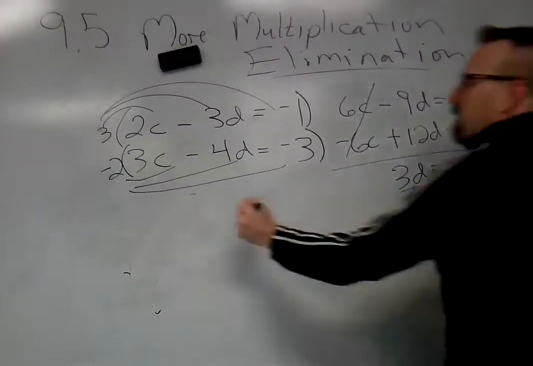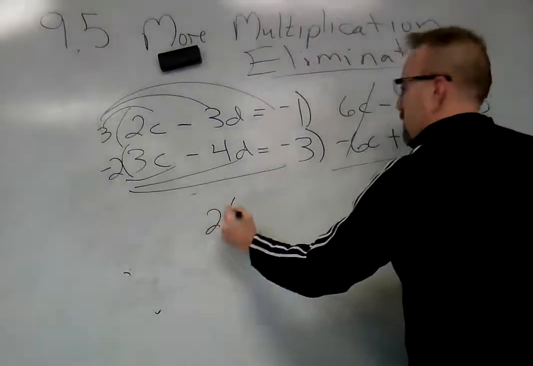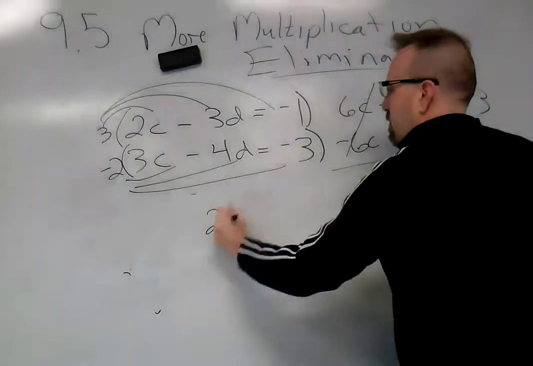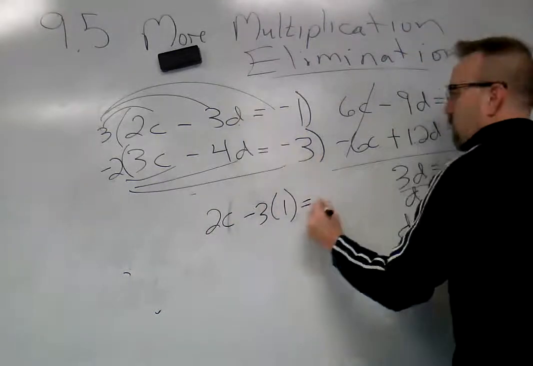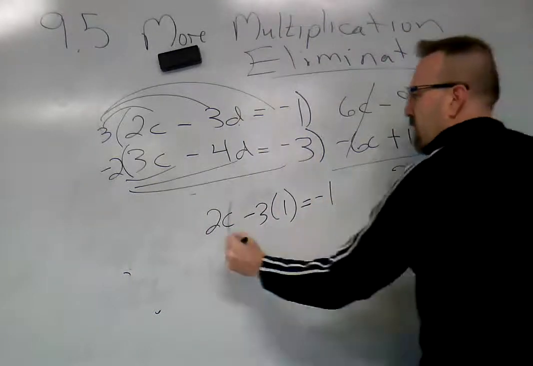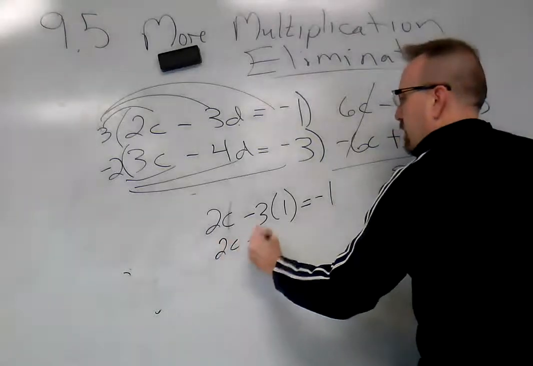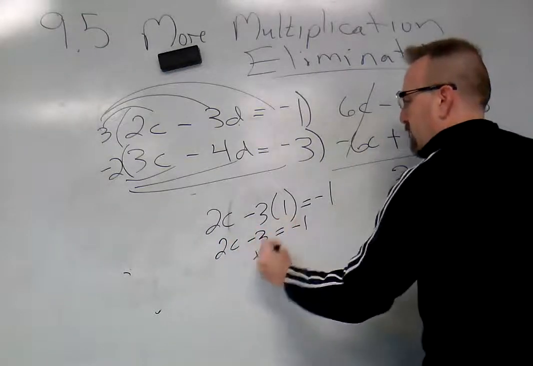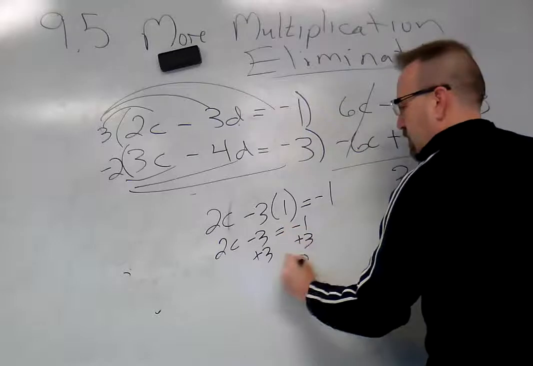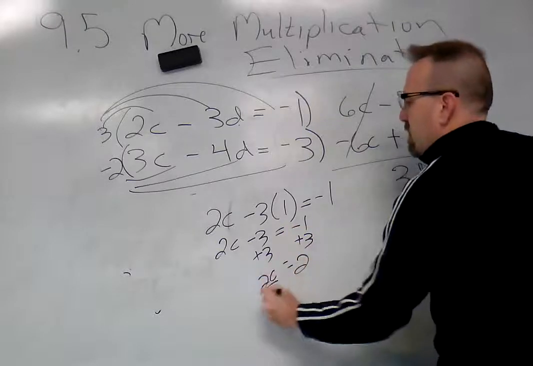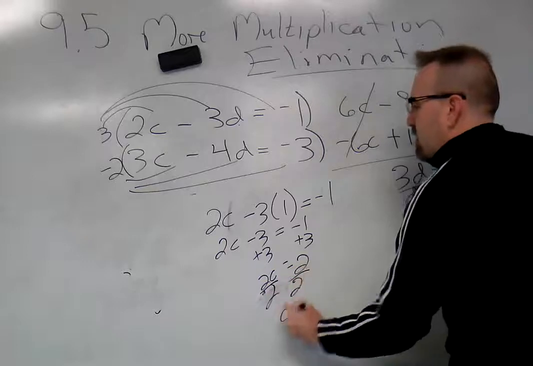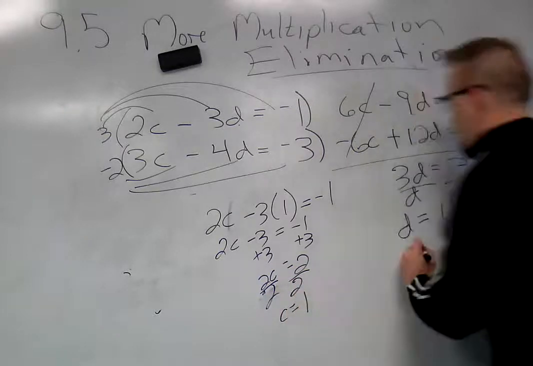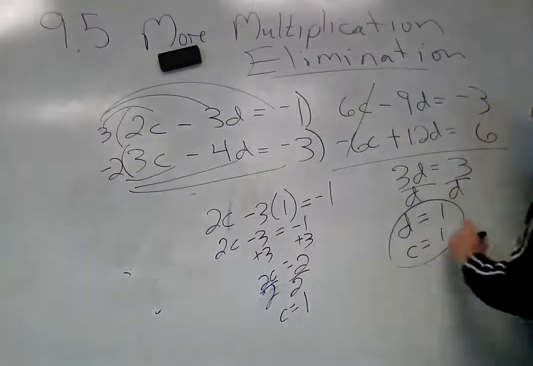So again, either equation, 2c minus 3 times 1, because d was 1. 2c minus 3 equals -1, so add 3. 2 equals 2c. Divide by 2, c equals 1. So c equals 1 and d equals 1.